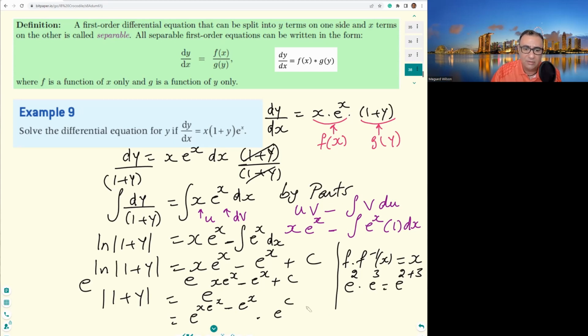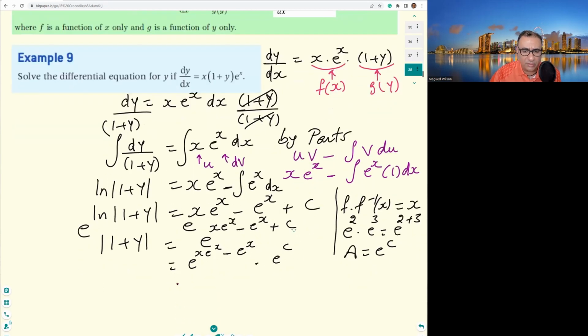I just replaced plus c up here in the power with a multiplication, using the simple power rule. Then e to the power of c we can call another constant. Let capital A be e to the power of c.